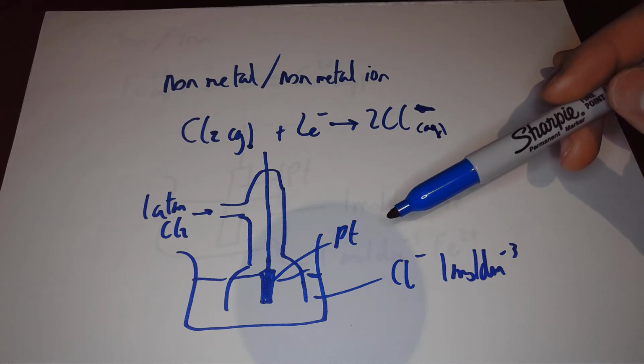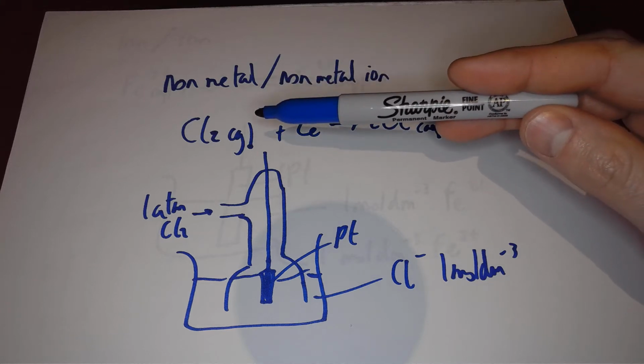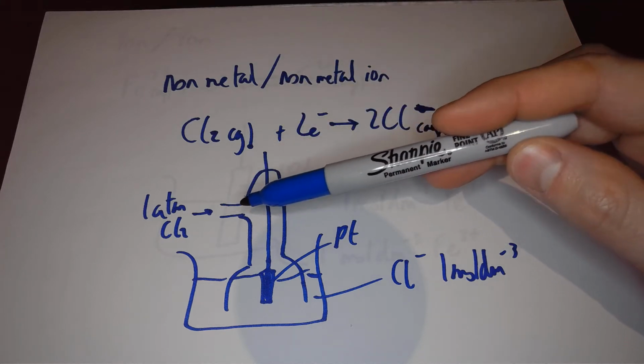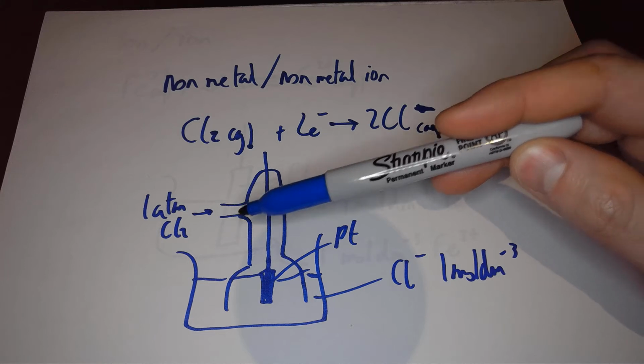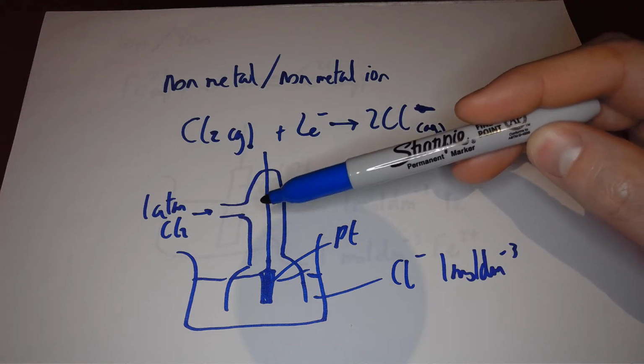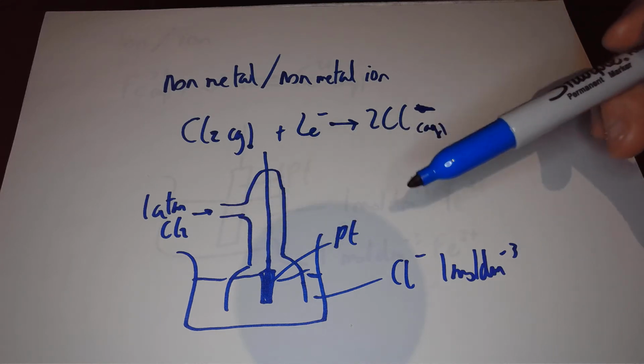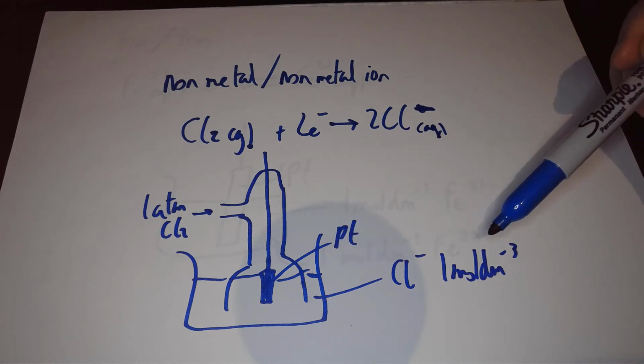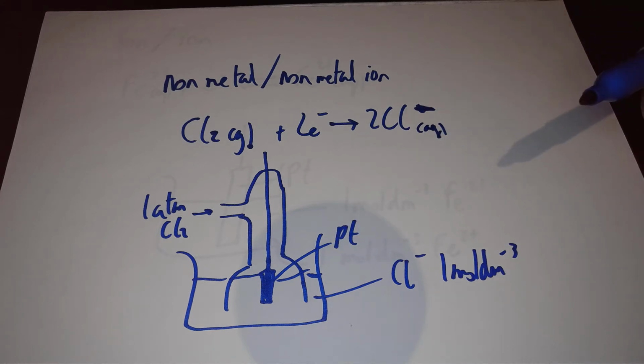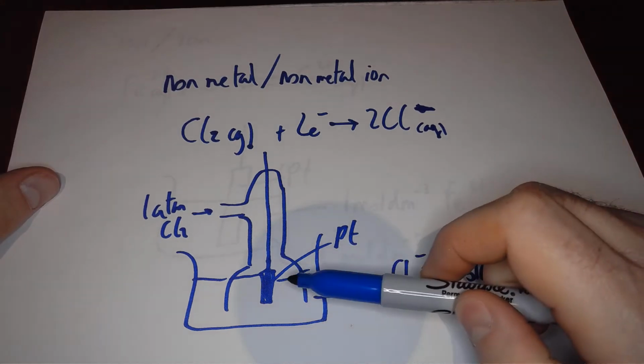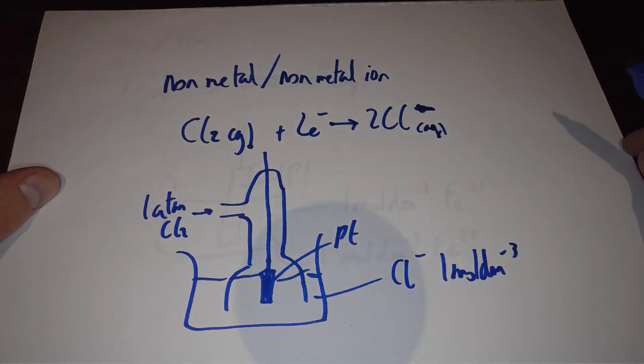It does conduct. So the chlorine gas would have to be pumped in here, standard condition of 1 atmosphere. This would be like a glass tube to make sure the gas goes in the right direction, basically. And then the chloride ions are 1 mole per dm cubed in solution. And therefore, at the interface of the electrode, you have both parties you need from the half equation.